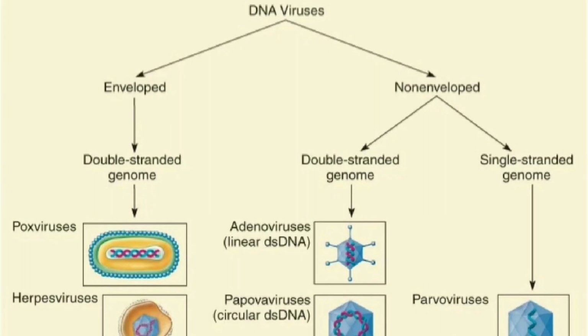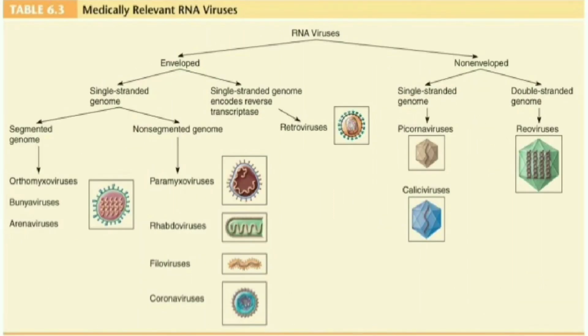A DNA virus is of 2 types, that is enveloped and non-enveloped. An enveloped DNA virus has a double-stranded genome, and a non-enveloped DNA virus is double-stranded as well as single-stranded. An RNA virus is also of 2 types, enveloped and non-enveloped.